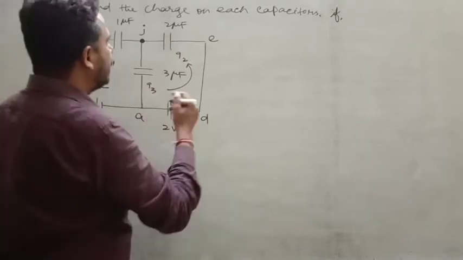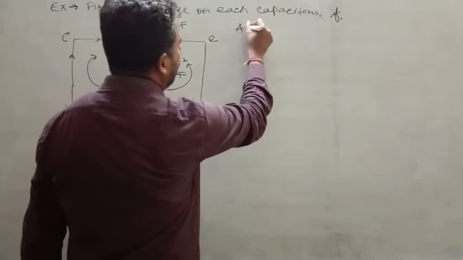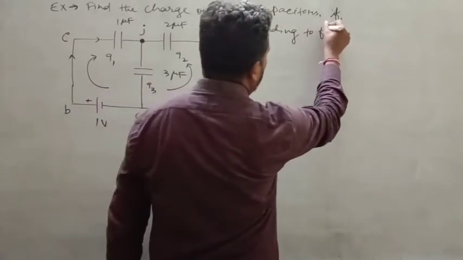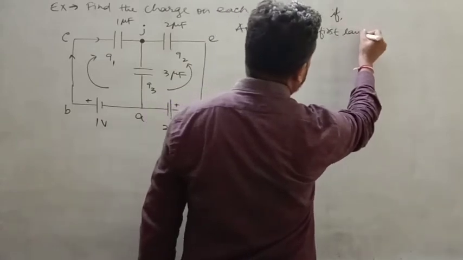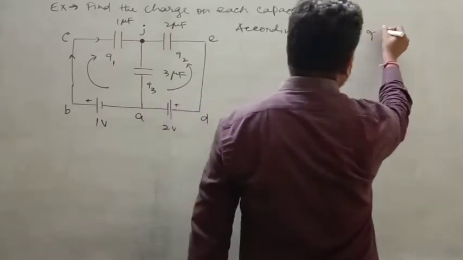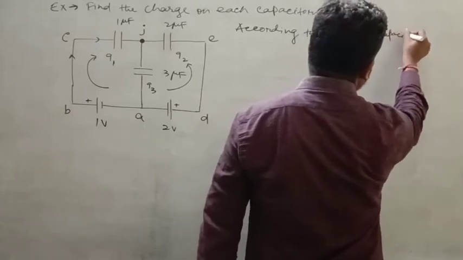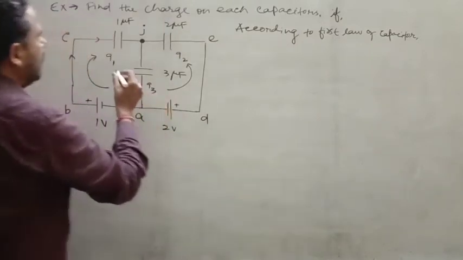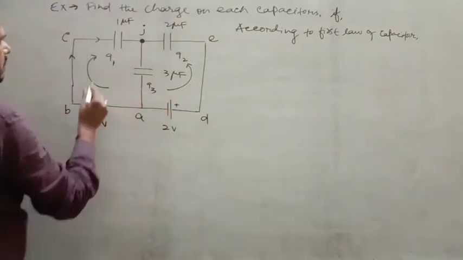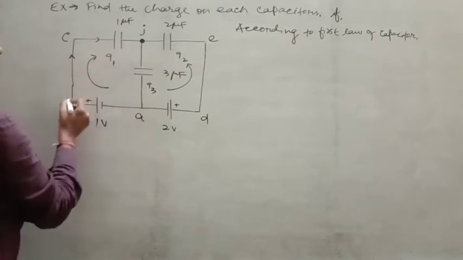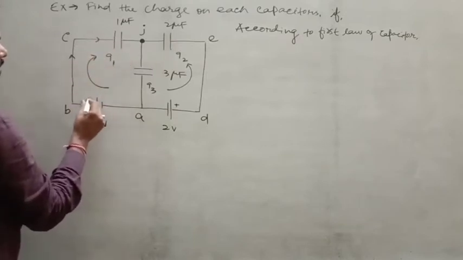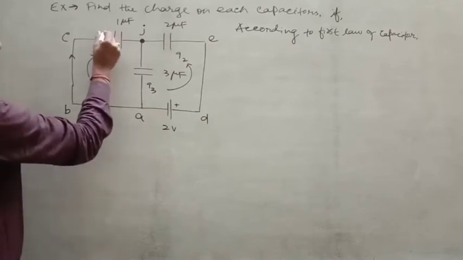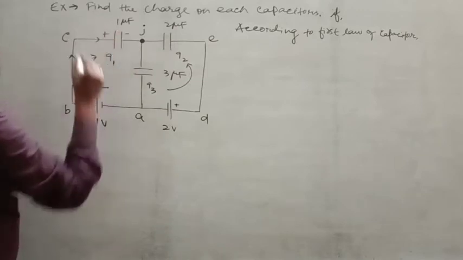According to the first law of capacitor, this plate is directly connected to the positive terminal of the EMF of magnitude 1 volt, so it would be positive, and that's why this one is negative.